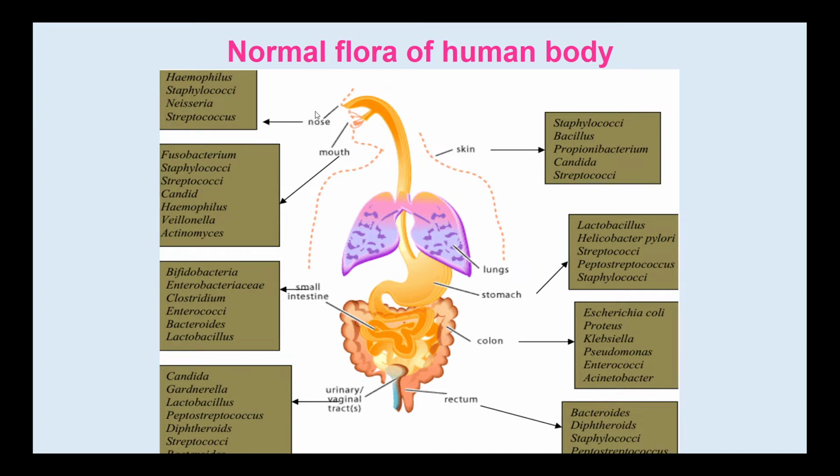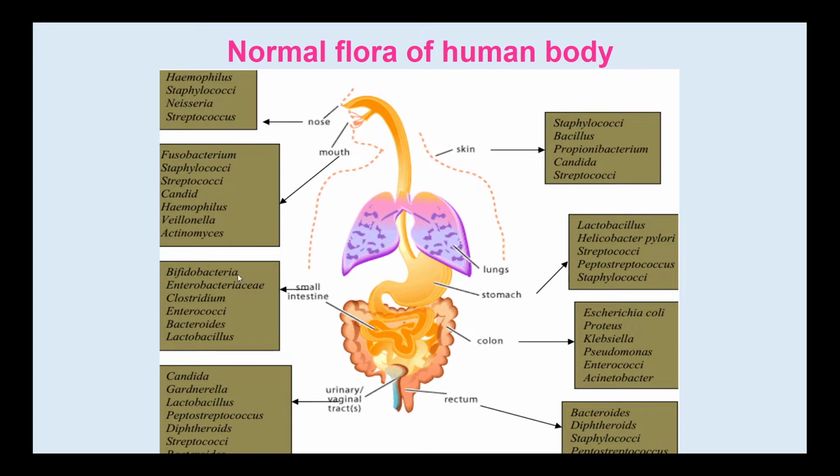We have joined the nose and mouth with the gastrointestinal tract, but we also have the urinary and reproductive systems, which contact the environment. That's why in the urinary and vaginal tracts there are Candida, Gardnerella, Lactobacillus, Peptostreptococcus, Diphtheroids, Streptococcus and Bacteroides.